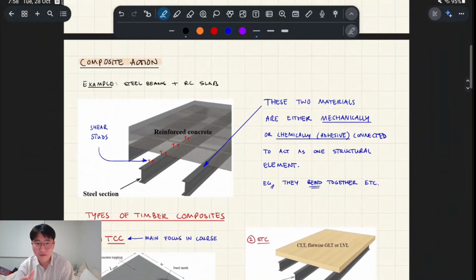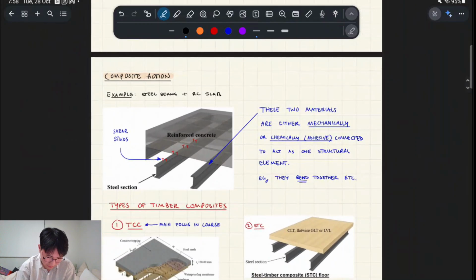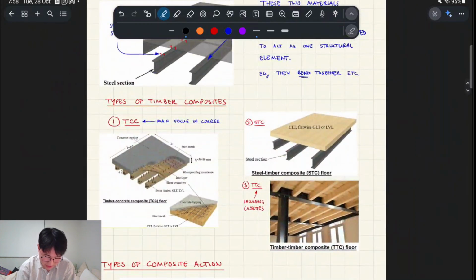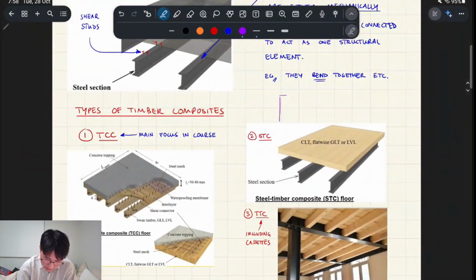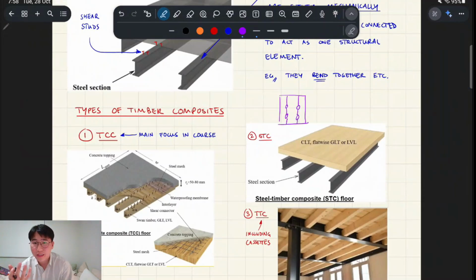Composites is where you have multiple materials. So here are some examples of composites. We've got TCC, which is timber concrete composites. You have STC, so steel timber composites. That's just one example of STCs, but there are others. For example, I did my undergrad thesis on reinforced glulam beams.